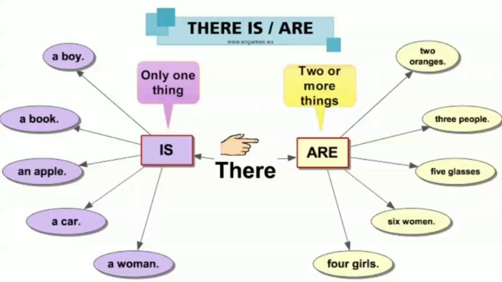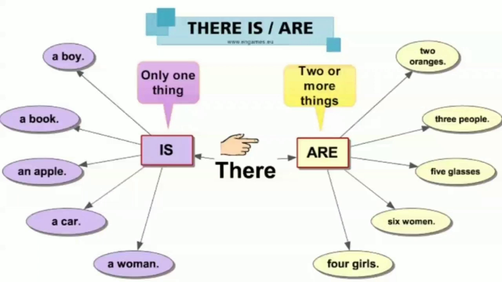And when do we use there are? Whenever we have to point out two or more objects, that means many things. So we can say there are 2 oranges. There are 3 people. There are 5 glasses. There are 6 women. And there are 4 girls.